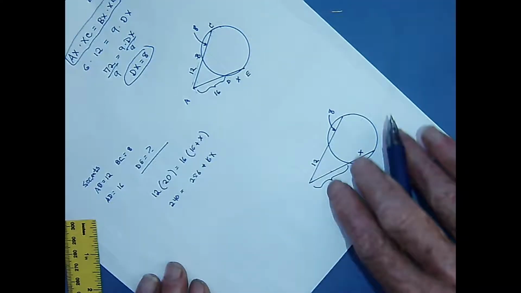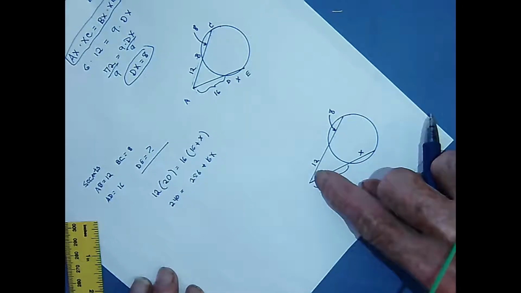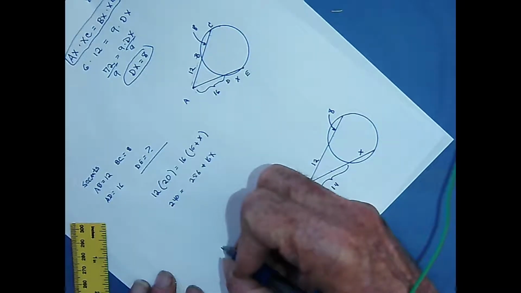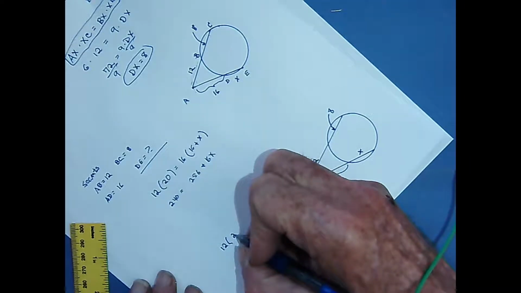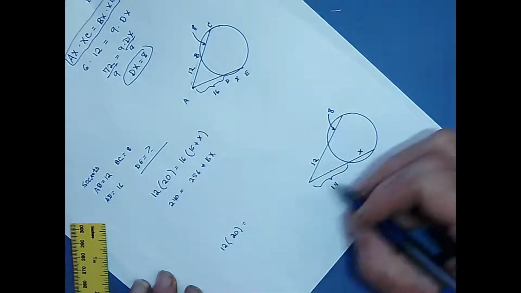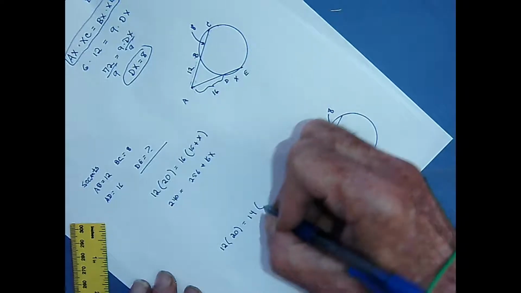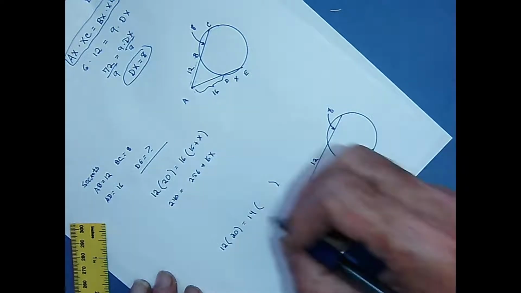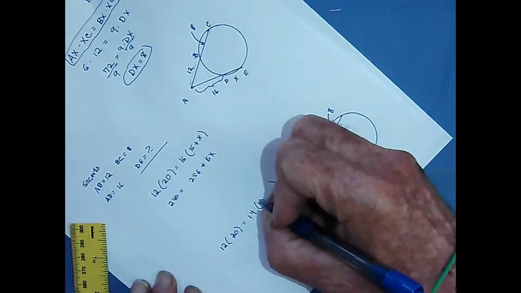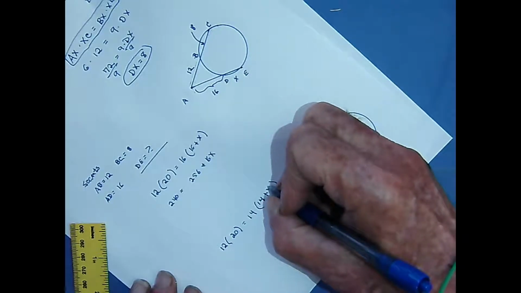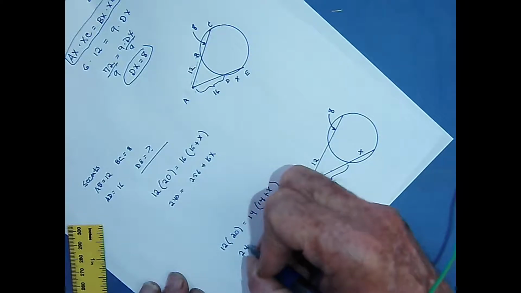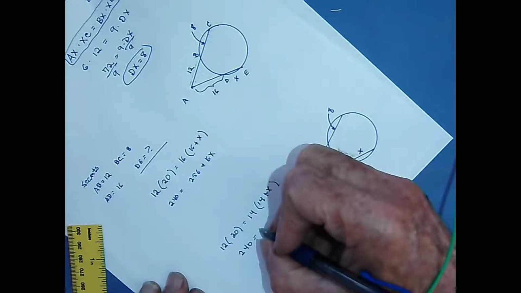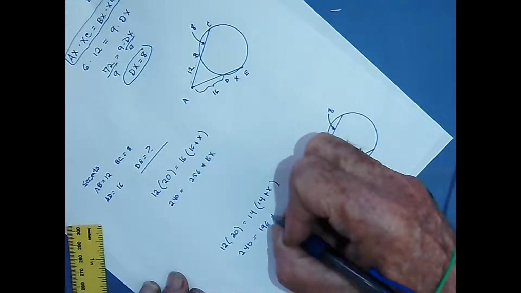But here, same kind of idea. The exterior part 12 is to that full length 20 as the exterior part 14 is to that full length 14 plus X. And we're going to get a funny answer out of this, it seems like. I get 240 is equal to 196 plus 14X.